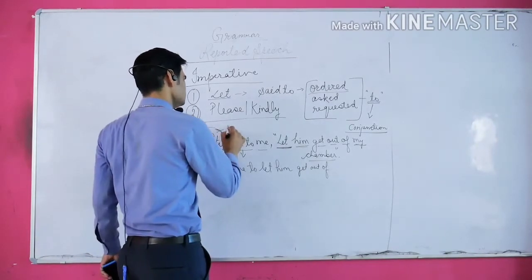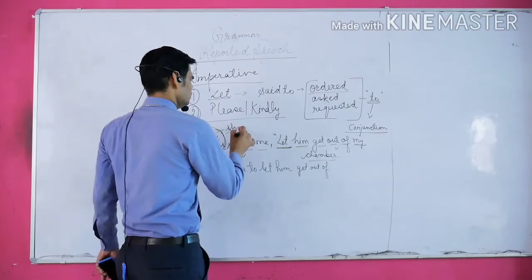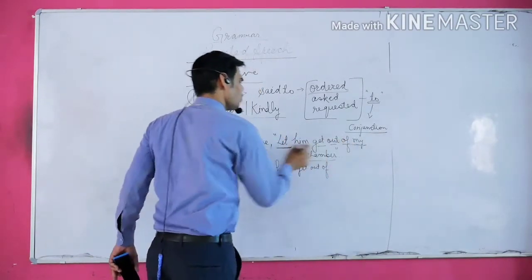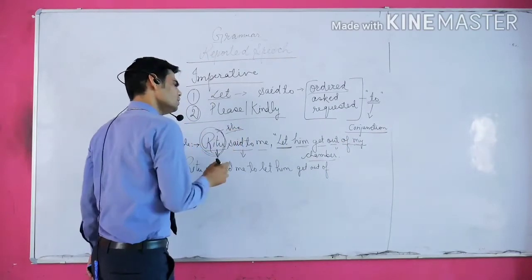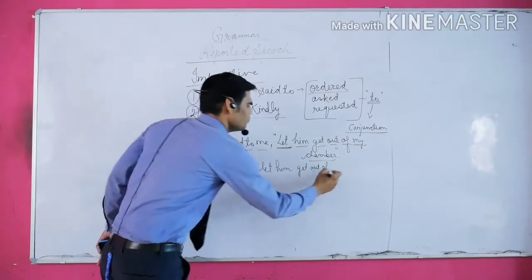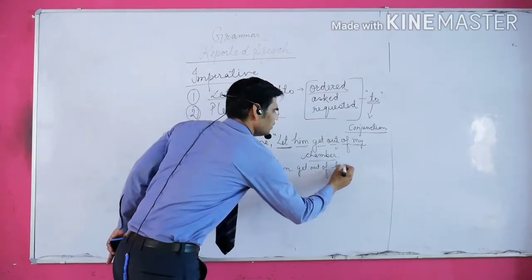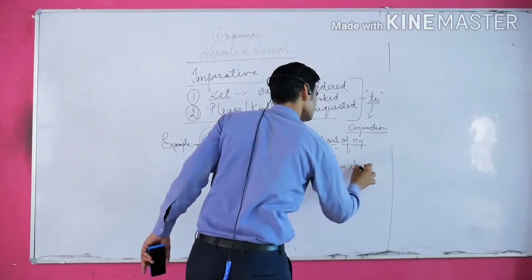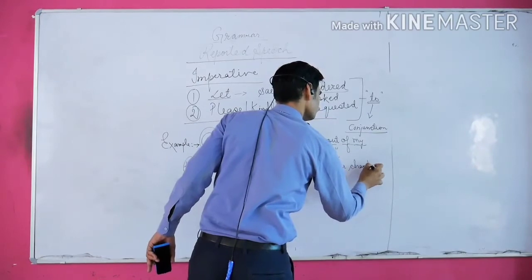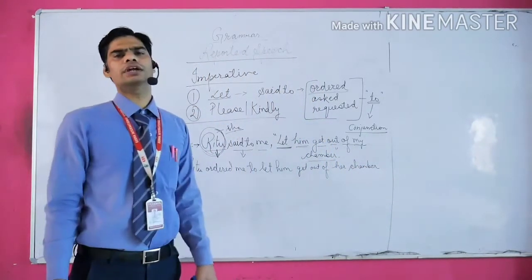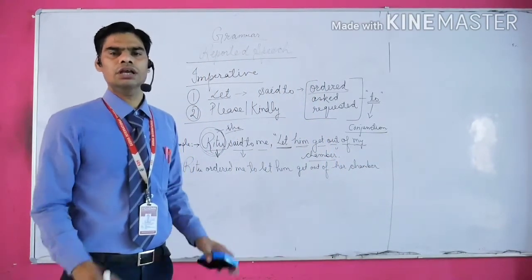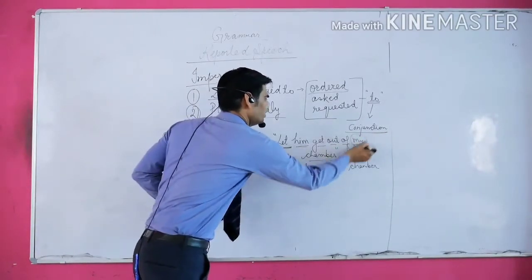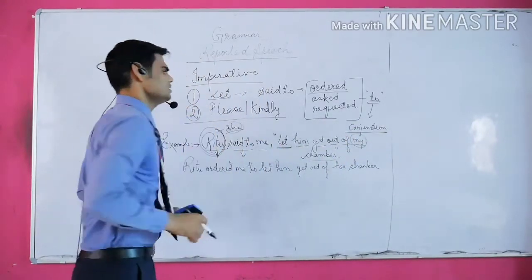We will change Ritu into pronoun, and it is possessive form. So we will change this also in possessive form, and it is her. And chamber as it is. I hope you have understood what we did here and how we change it.